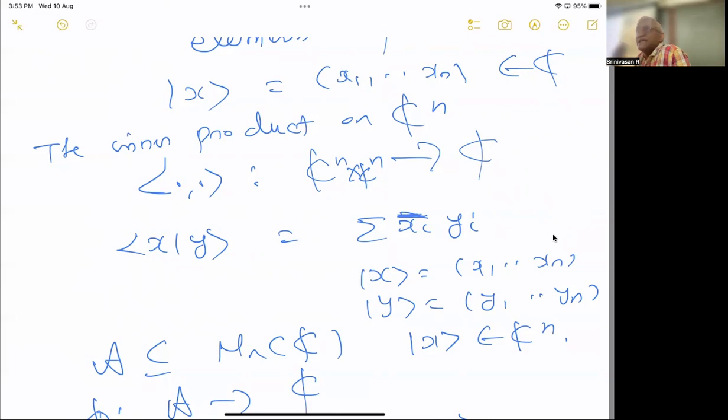Usually the inner product is the other way; mathematicians have got it wrong. The inner product is supposed to be linear in the second variable and conjugate linear in the first. Physicists got it right.